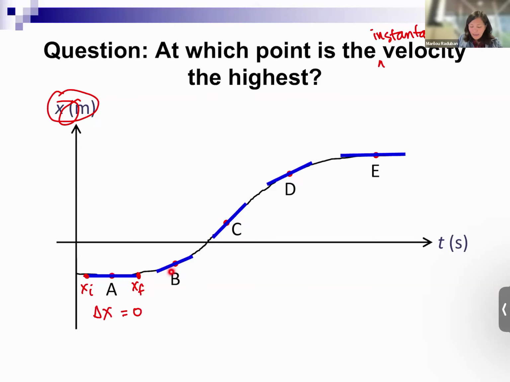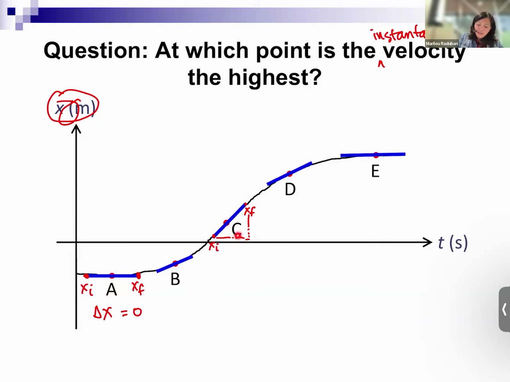Velocity is equal to 0. For each of these tangent lines, the slope will be different. Soon you will realize, if you do the same exercise as you did for point A, that the steeper the slope, okay, so for this point C, that's your final position, that's your initial position. Slope is rise over run.